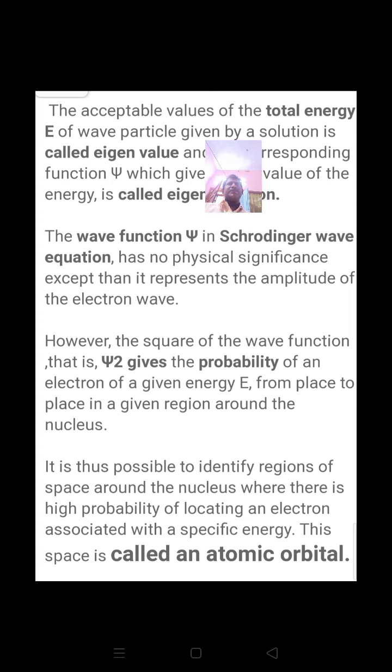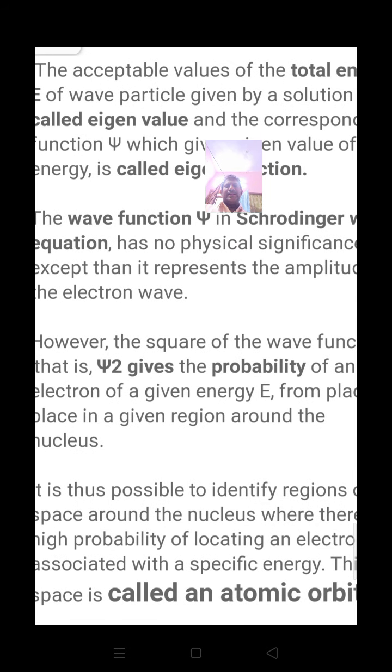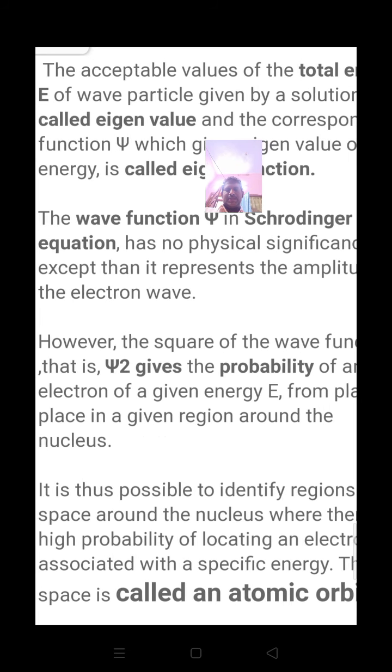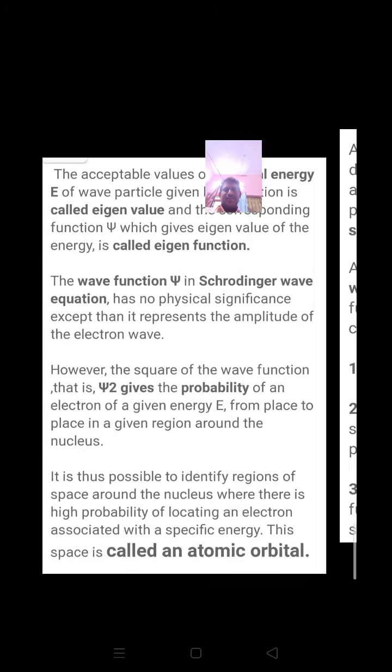That means psi square gives the probability of finding an electron in the three-dimensional space around the nucleus. It indicates the atomic orbital.